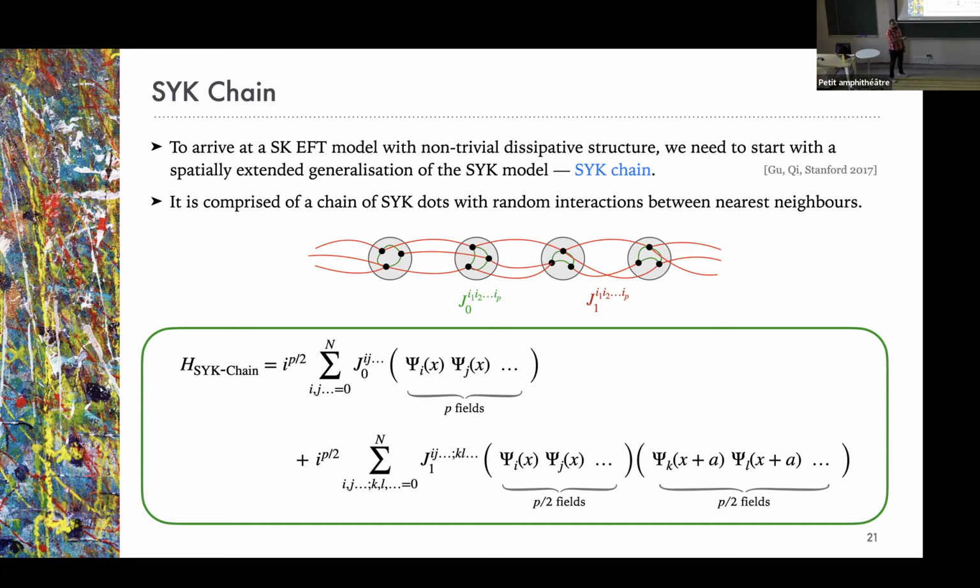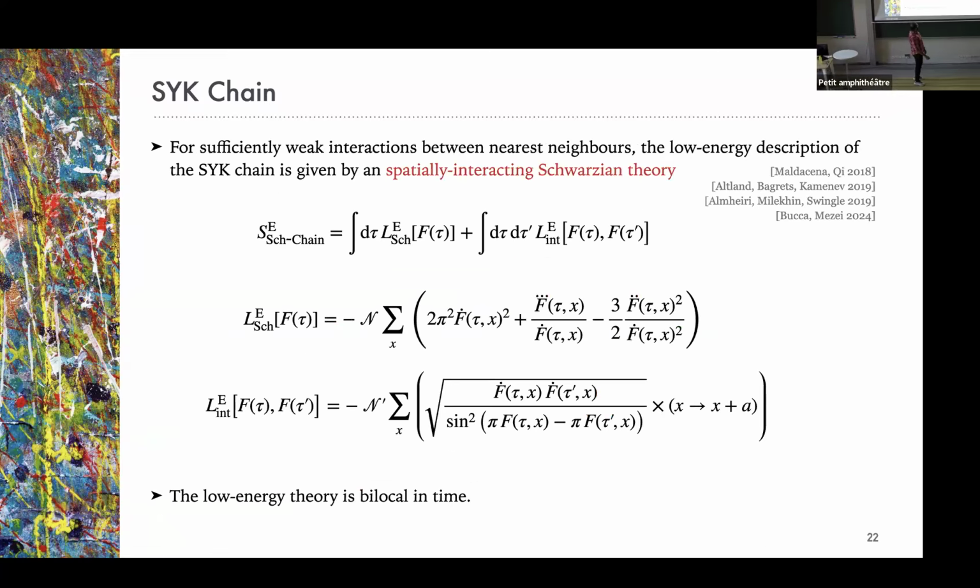But then in addition, I introduce a nearest neighbor interaction. So I take every pair of these SYK dots and I make them interact with the next one with some couplings which are all random, to again average. Right, some complicated model. But Mark Mezei and Márk Búkó put out a paper last year. Again, this is not my work, so I'm not going to defend this very well.